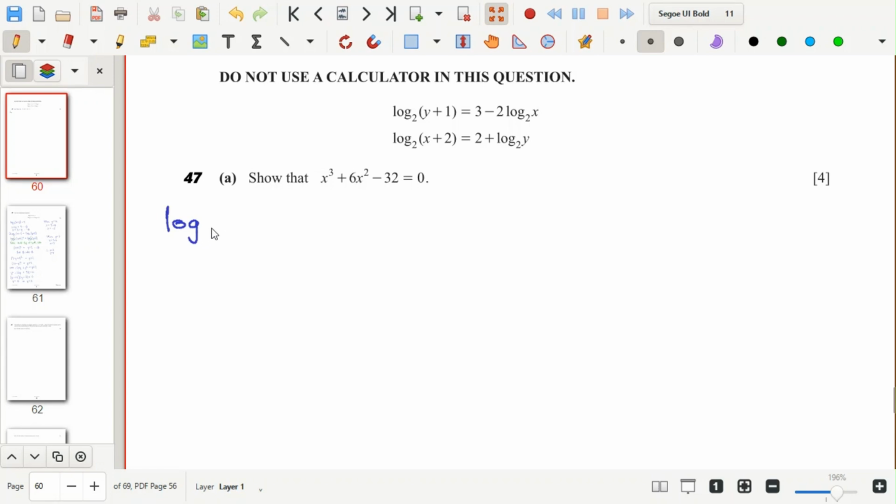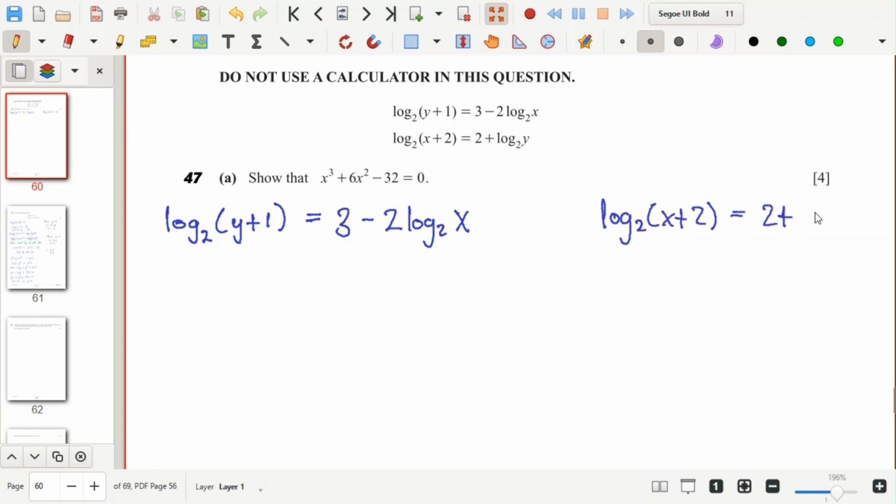So log of y plus 1 to the base 2 is equal to, then I also have this log expression.